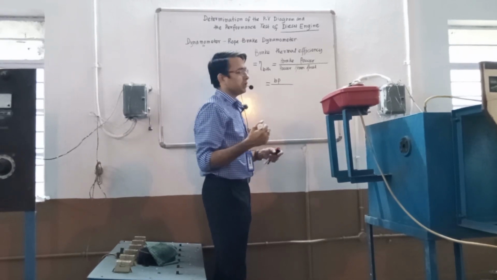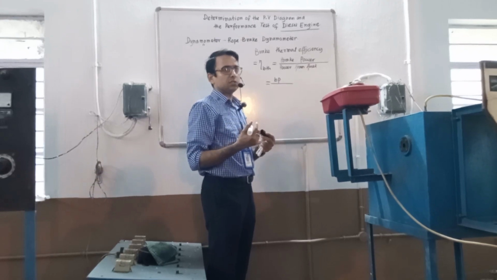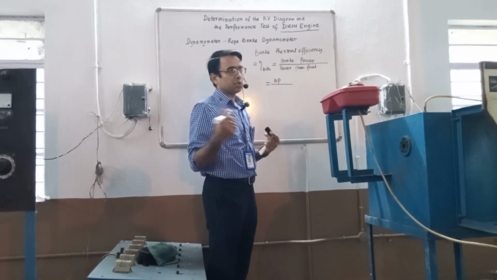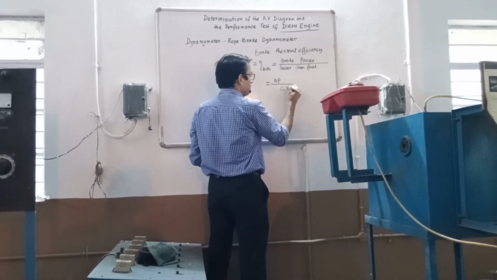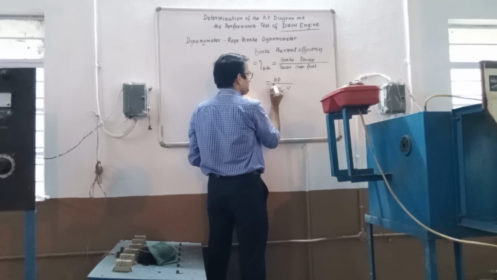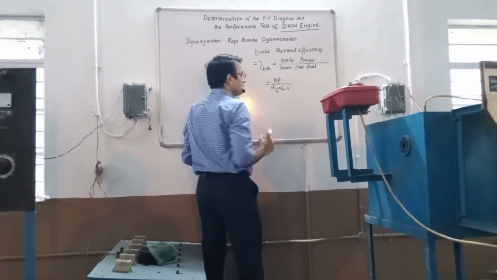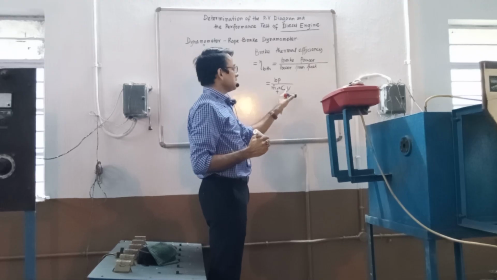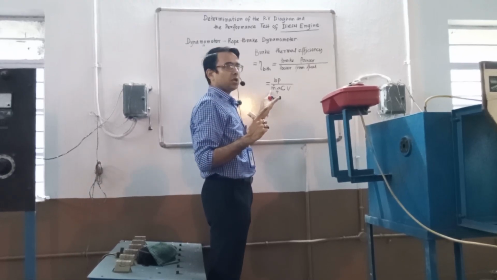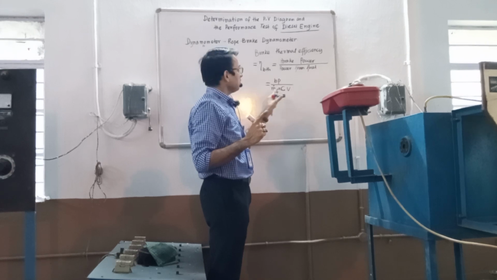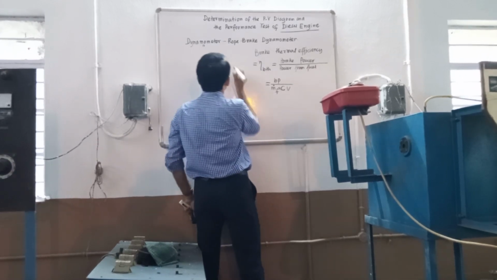Calorific value means by burning 1 unit of fuel, how much thermal energy we get. Multiplied by the mass flow rate of fuel, the total amount of fuel, we get the total power from the fuel.